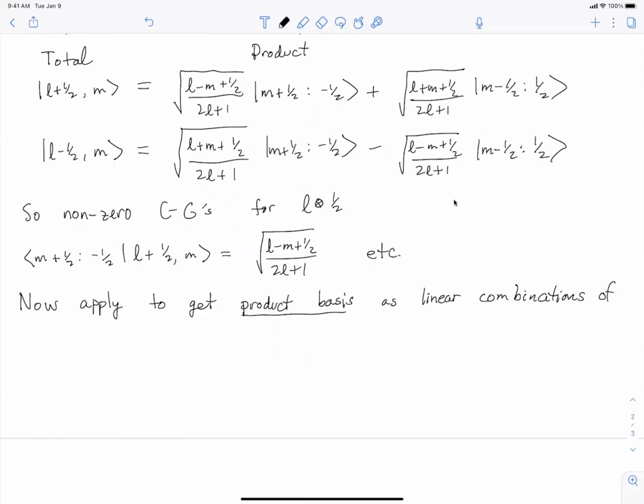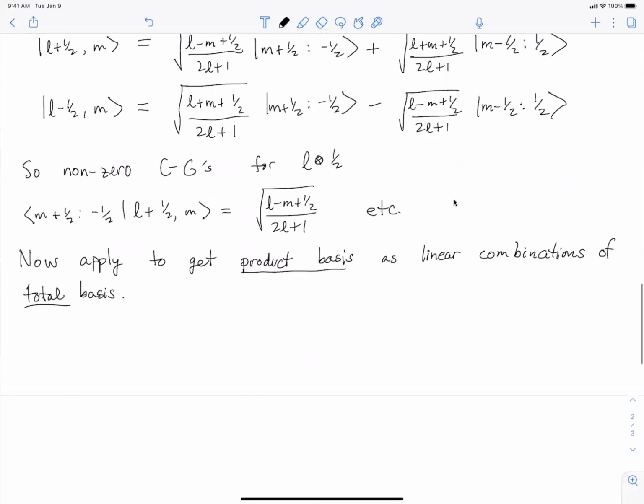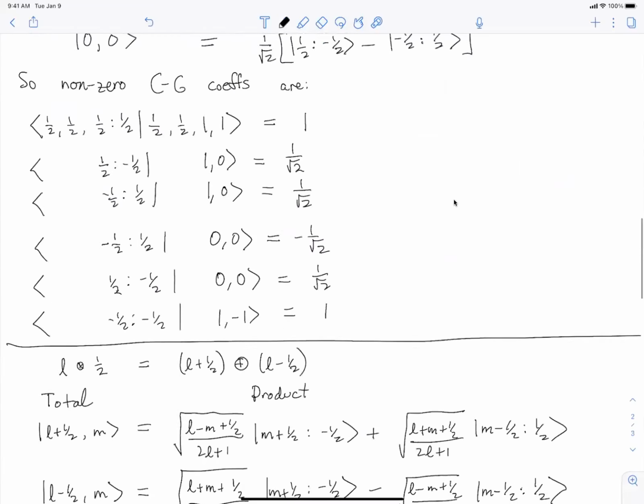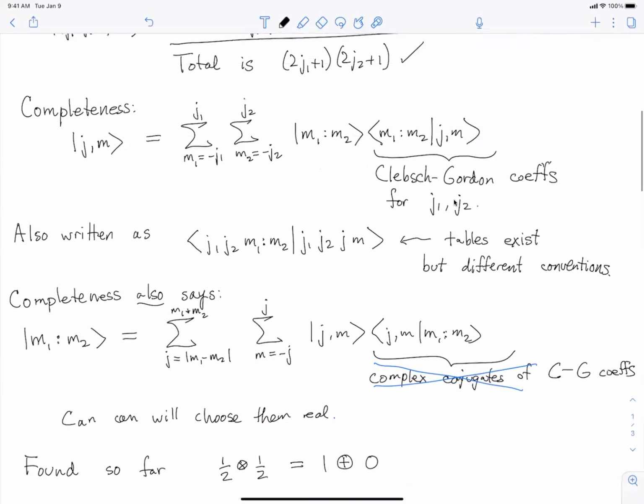And that's just a matter of using the Clebsch-Gordon coefficients in the equation. Let's go back up here in this equation.